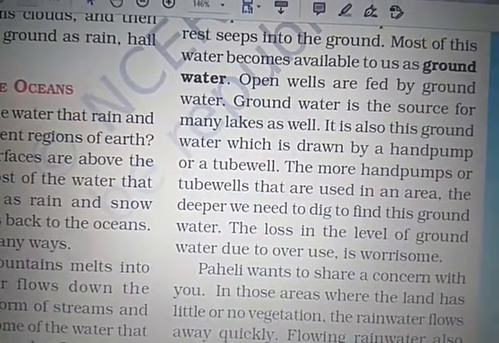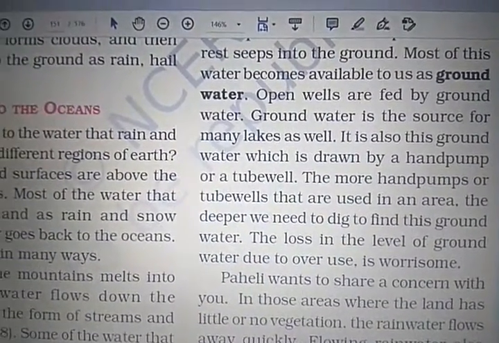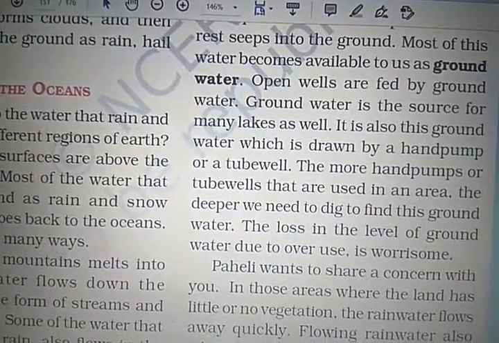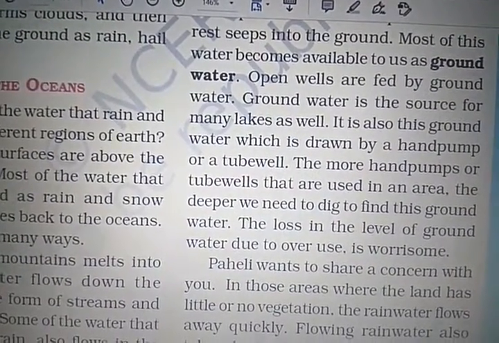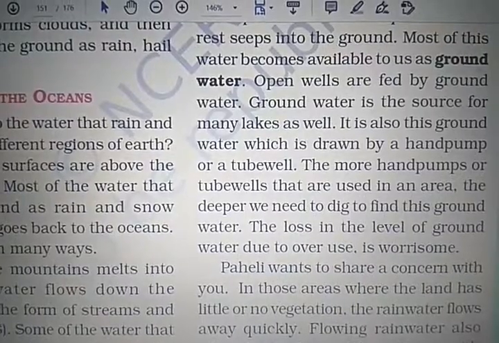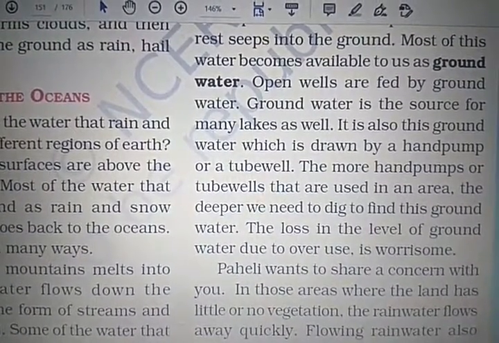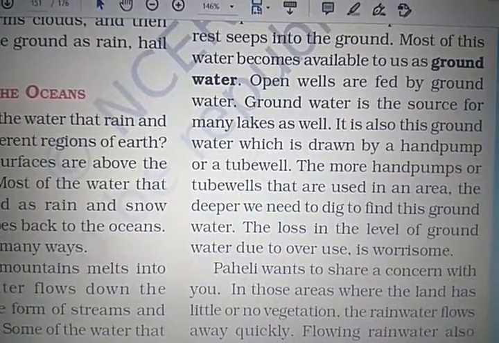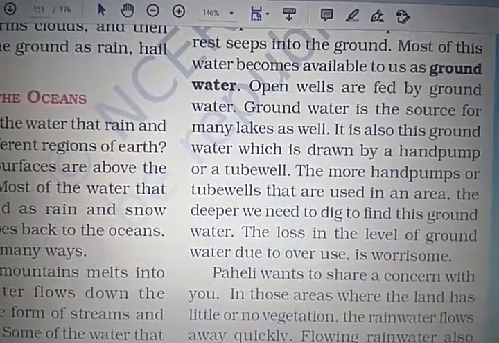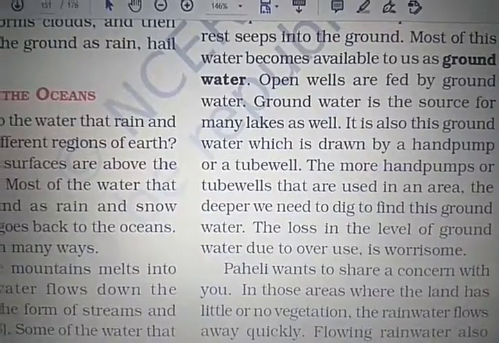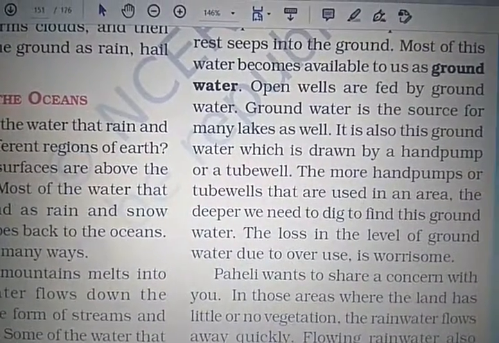Wherever the soil is there, instead of that soil we people just place paver blocks. So now the process of seeping of water is stopped, and the groundwater is not charged properly.